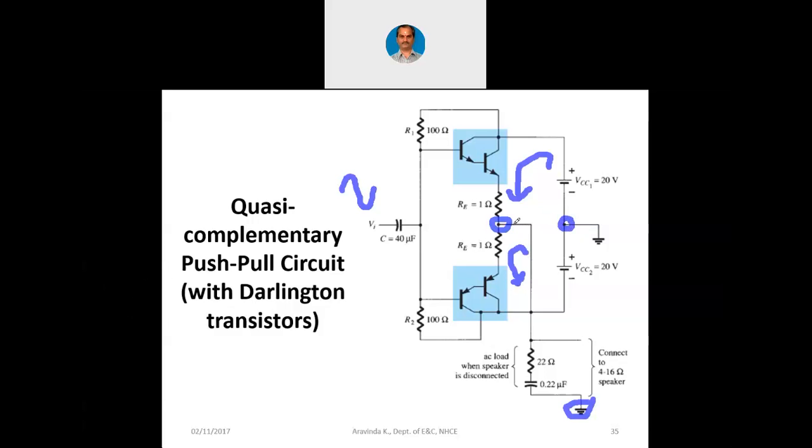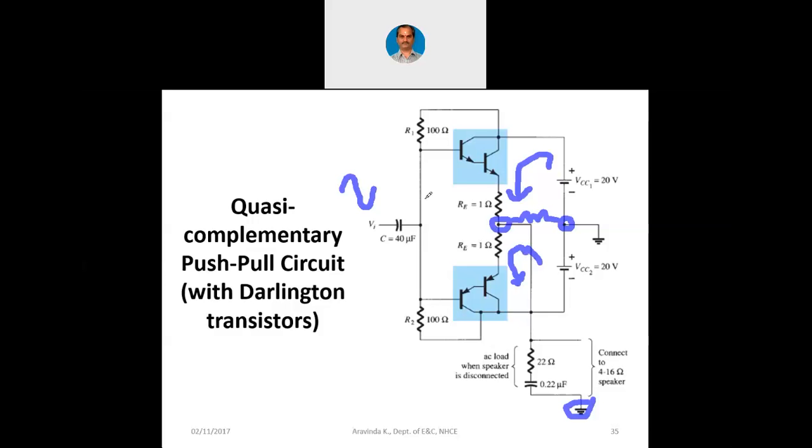So between these 2 points, we can have the load getting connected here. Load is nothing but a speaker. So now in the positive cycle current flows in this direction and in the negative cycle current flows in this direction. You can see the directions of the current are reverse in both cases.